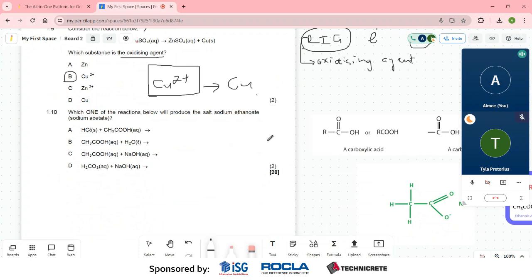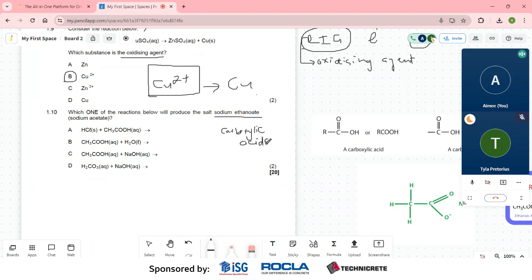Okay. Then 1.2, which one of the reactions below will produce the salt sodium ethanoate? Okay, so this may seem like a difficult question, but let's break it down. Sodium ethanoate, you know, oate is the suffix for carboxylic acids.